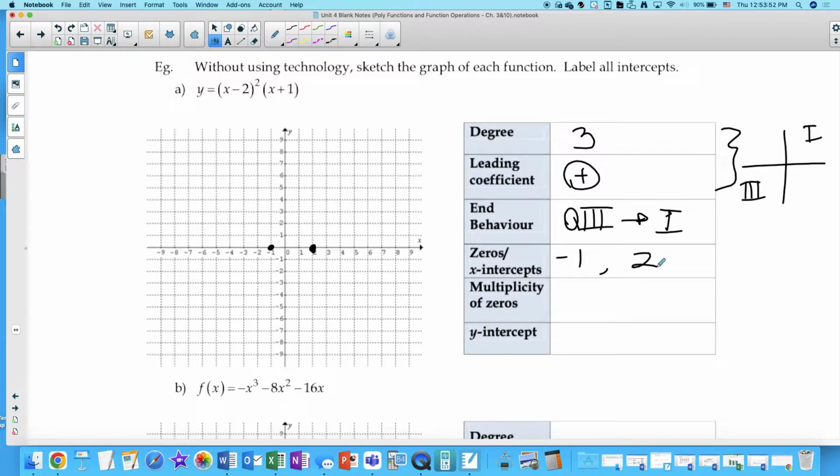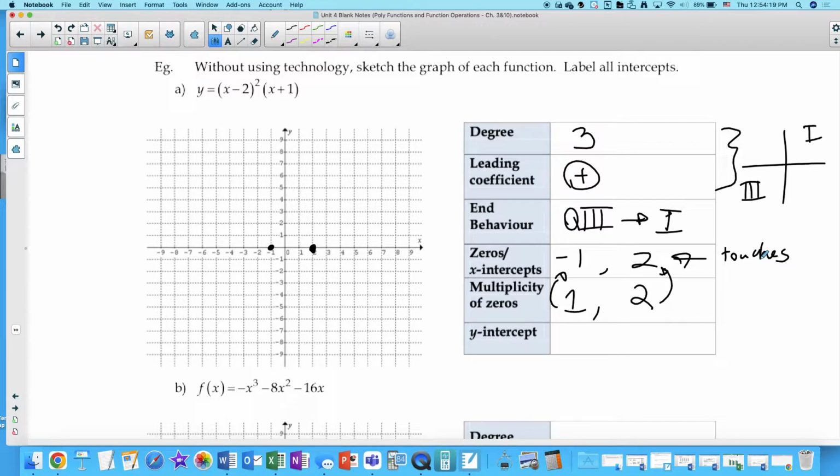Okay, and what about the multiplicities of those zeros? 1 and 2. This one is 1, yeah, and this one is 2. Okay, so you may want to make a note here that it just touches. Am I spelling that right? Touch. Yeah, I think so. Okay, this one's going to pass through.